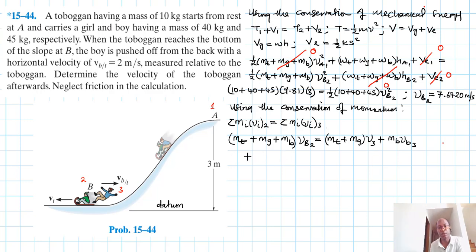Once we add this together, 10 plus 40 plus 45, that is 95 kg, times 7.6720.